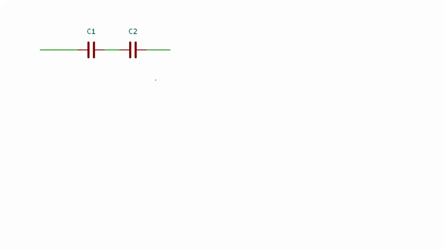Okay, so we have our two series capacitors like we had before, and we can put our measured values in. We have 16.7 nanofarads and 9.1 nanofarads, and our total capacitance, as measured, was 5.85 nanofarads.